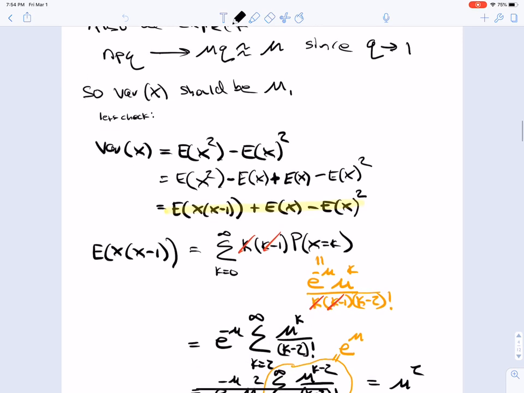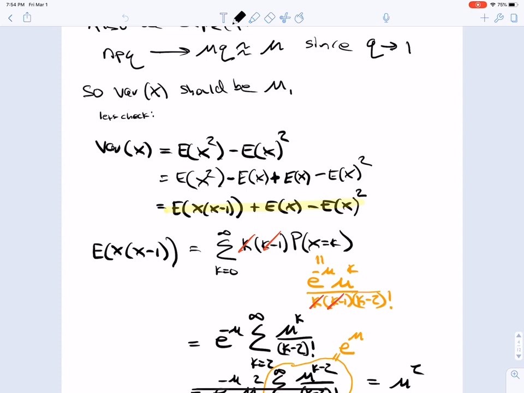But let's check this. The variance of X we write as expectation of X squared minus expectation of X quantity squared. And we're going to want to use an expression for the expectation of X times X minus 1.